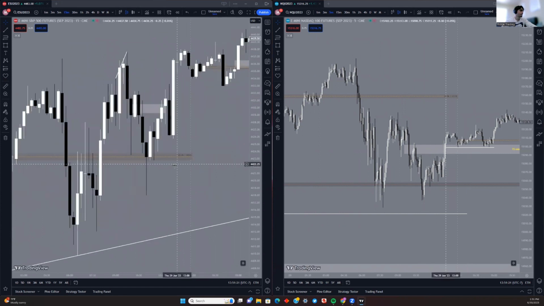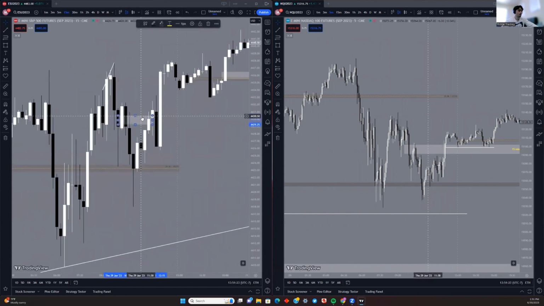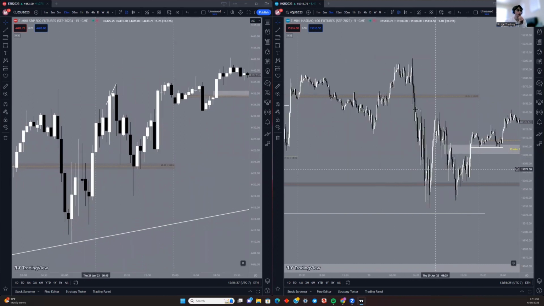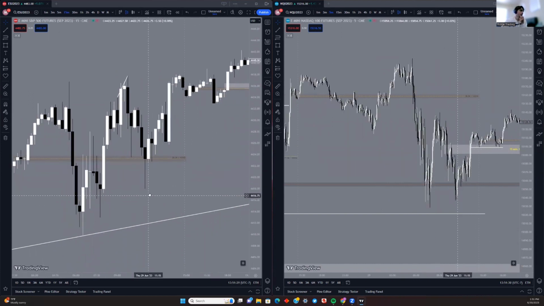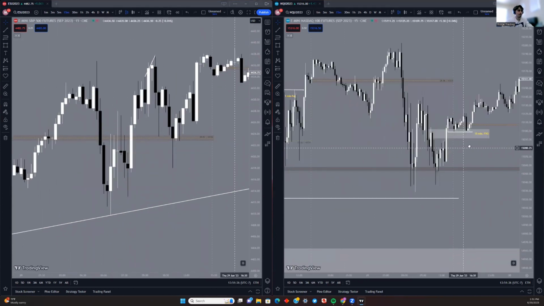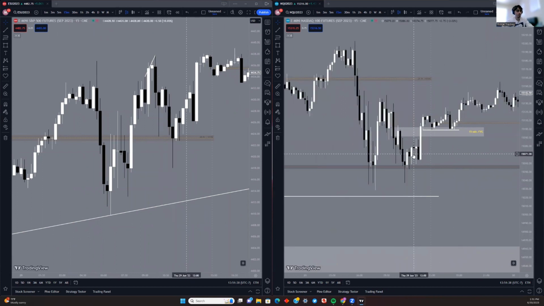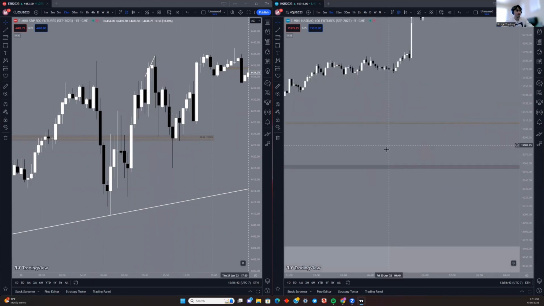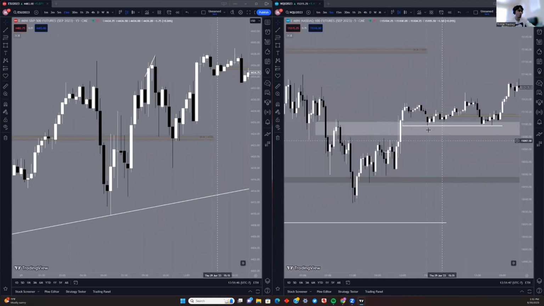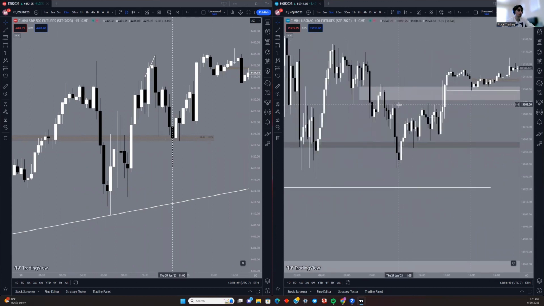So here on ES, we have NQ here, ES over here. Upon this move to the downside, this 15-minute FVG holds, and I take a short position right here.